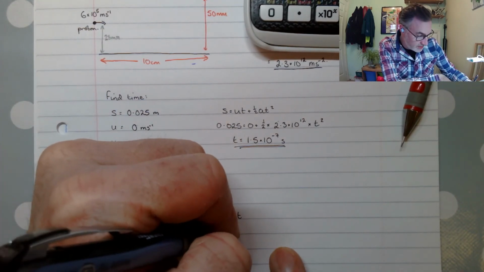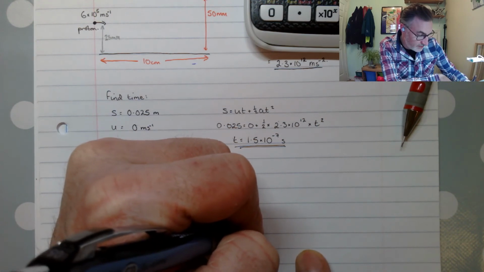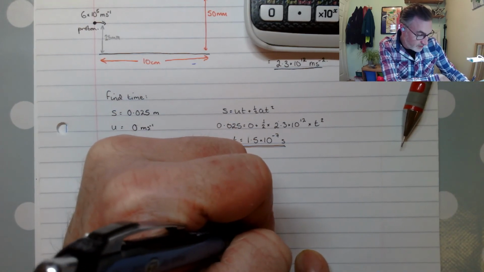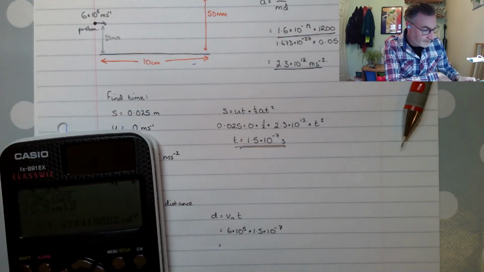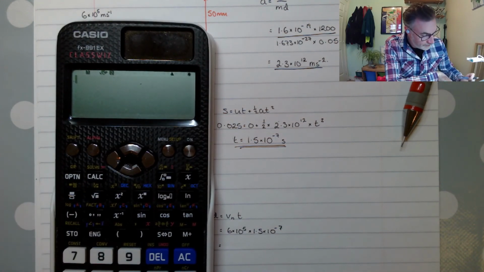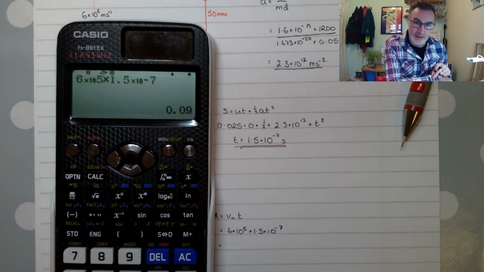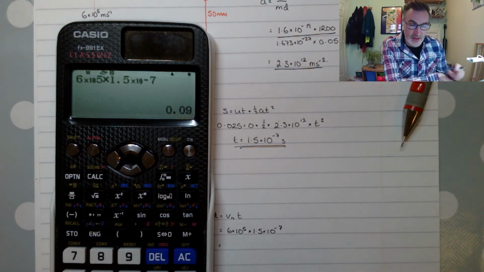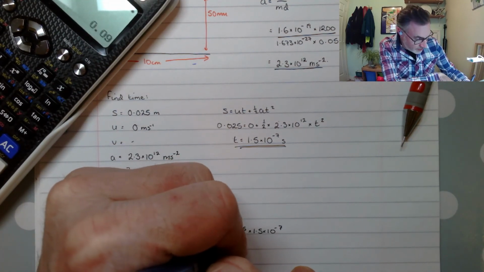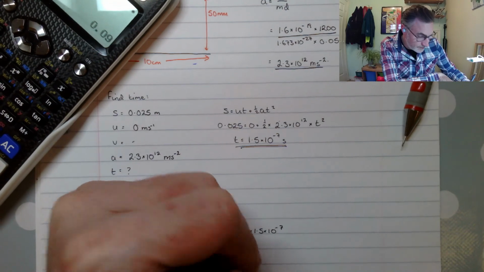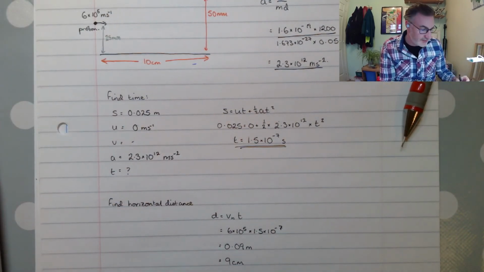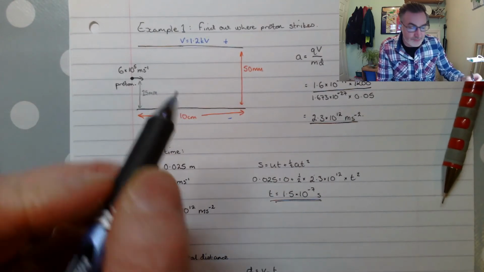So we'll have 6 times 10 to the power of 5 times 1.5 times 10 to the minus 7. And that gives me 0.09. So that would be 0.09 meters, which is 9 centimeters. So it will travel a distance horizontally of 9 centimeters.